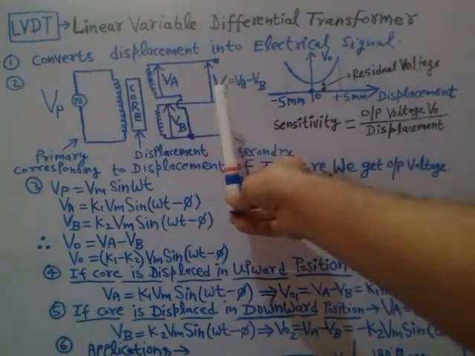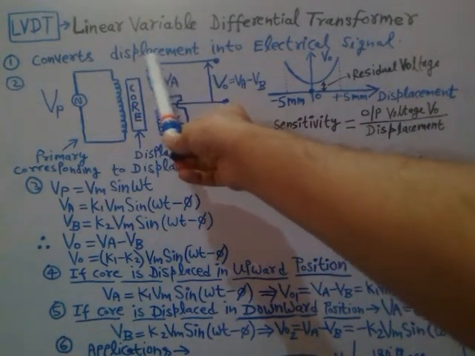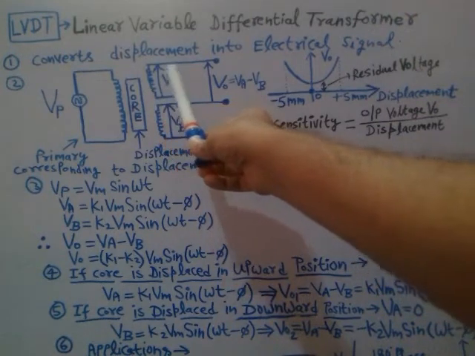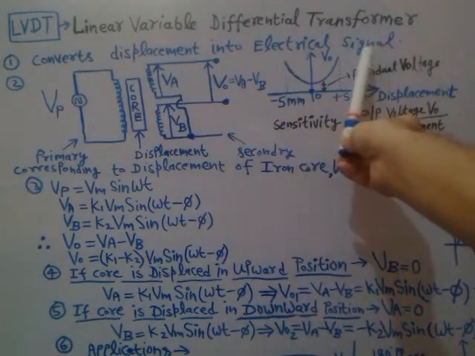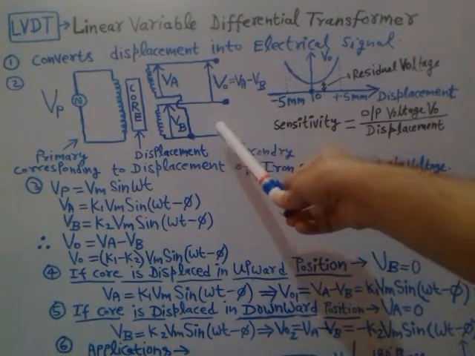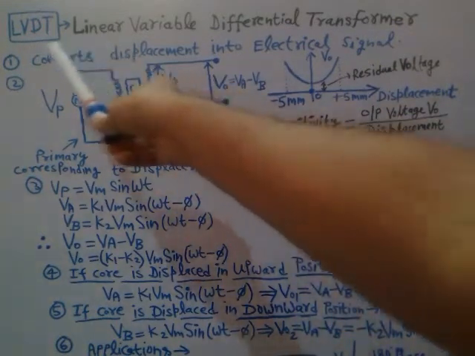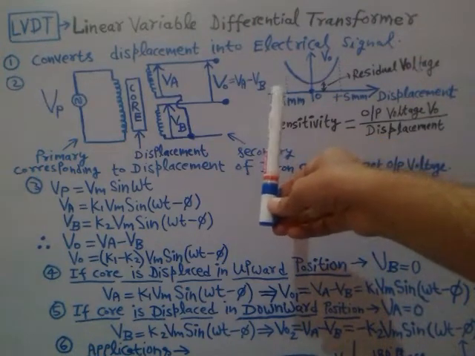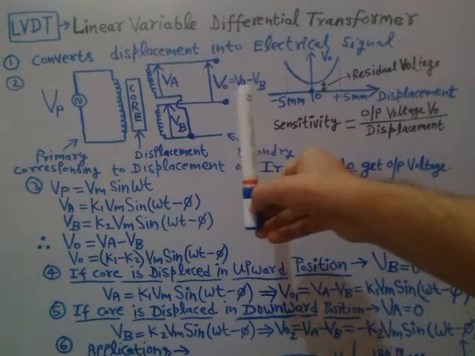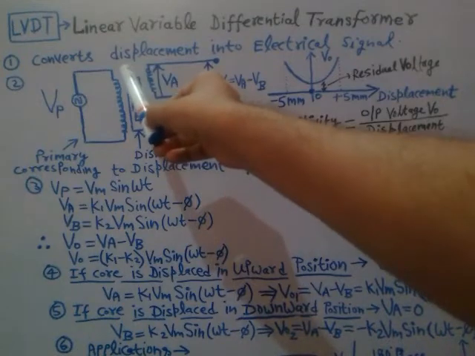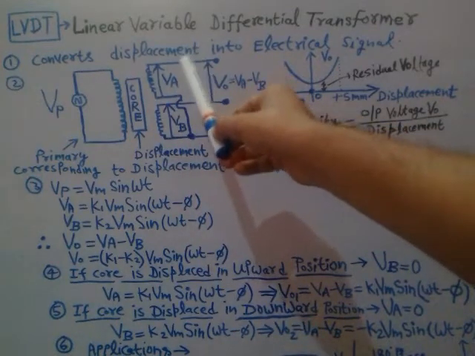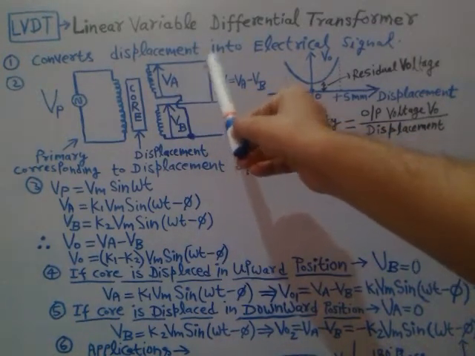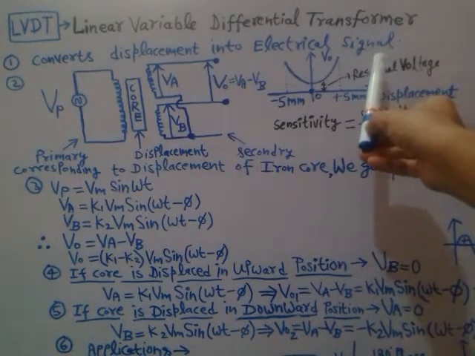Since it converts displacement, which is basically a non-electrical quantity, to an electrical signal in the form of voltage, this LVDT is basically a transducer. A transducer is a device which converts any non-electrical quantity like pressure, force, flow or displacement into some kind of electrical signal.